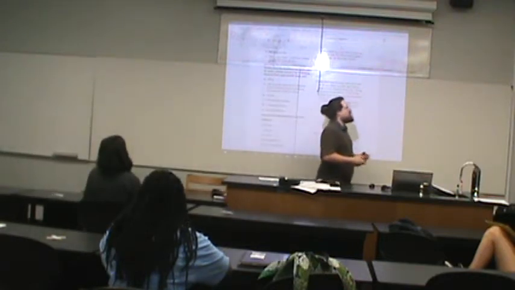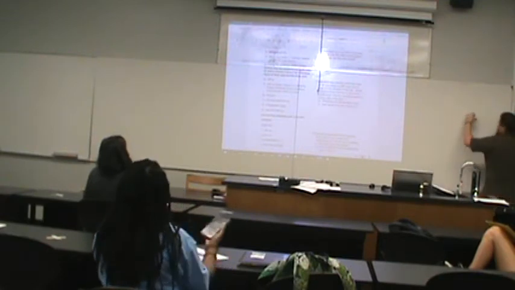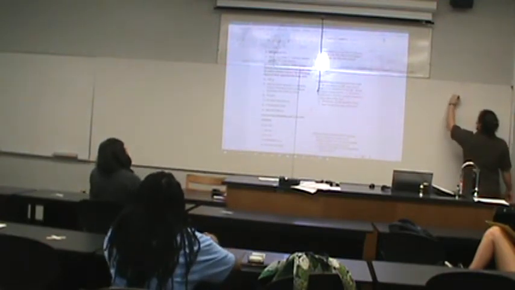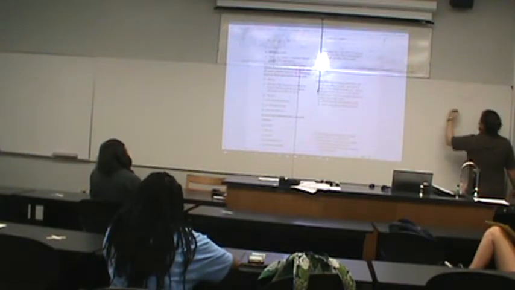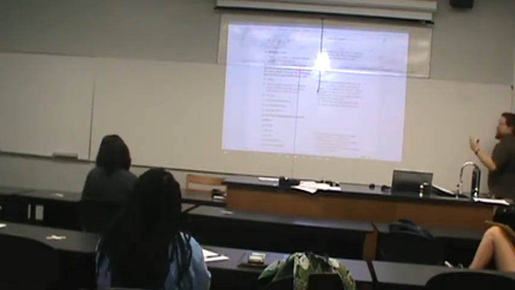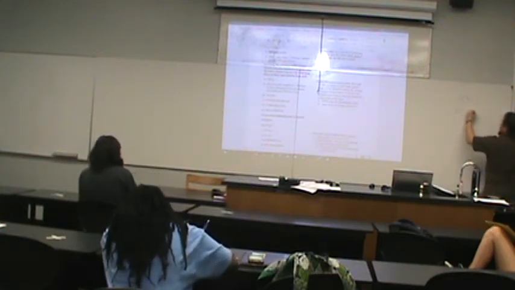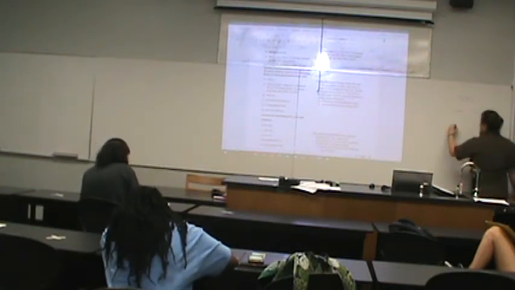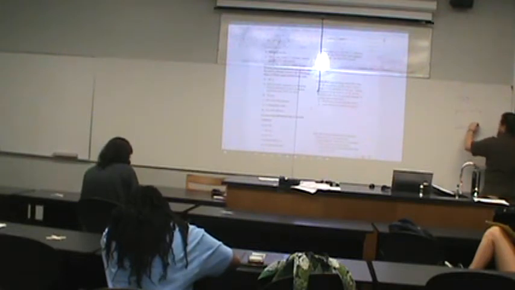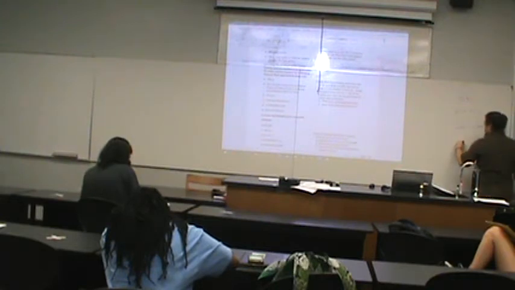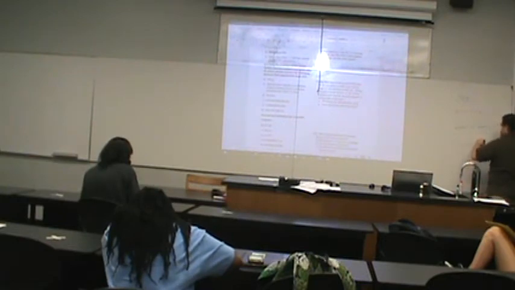The three main metric units, the three that only exist in metric, or at least famously, are grams, which is our measure for mass, meters, which is our measure for distance, and liters, which is our measure of volume.